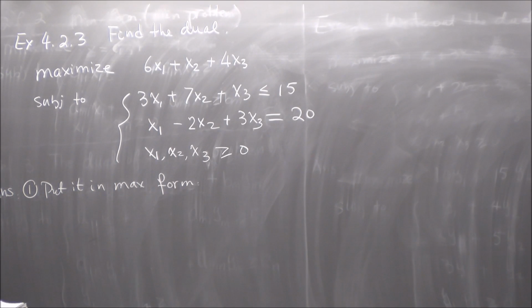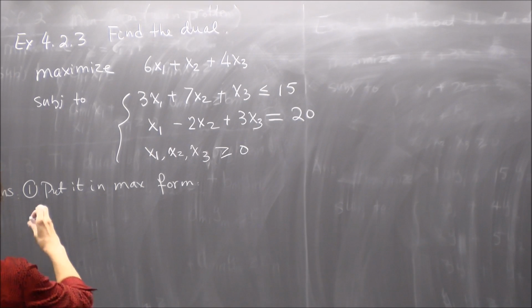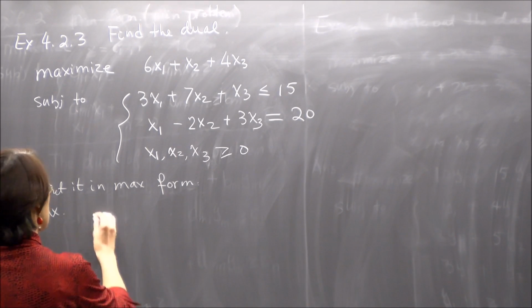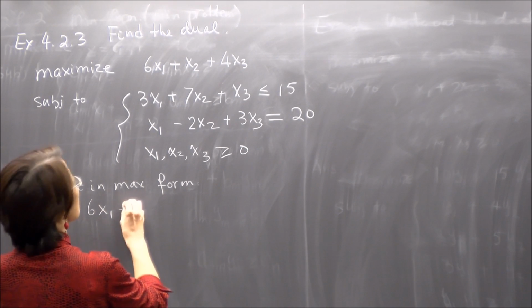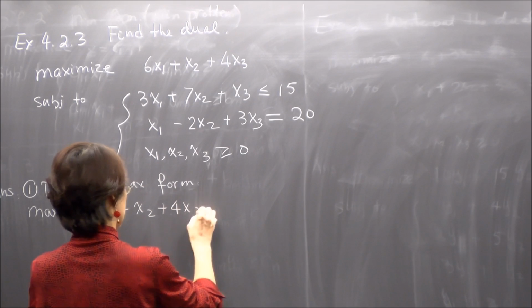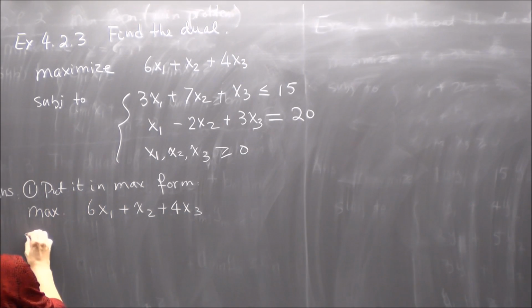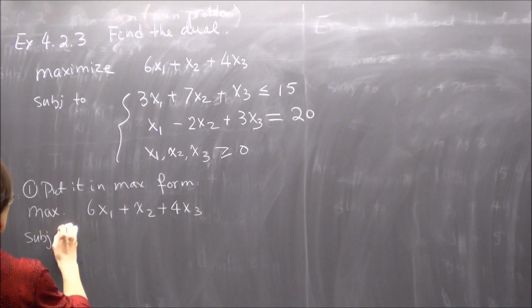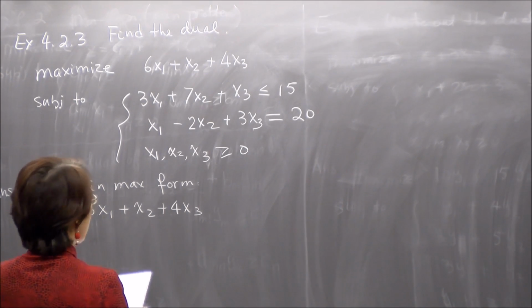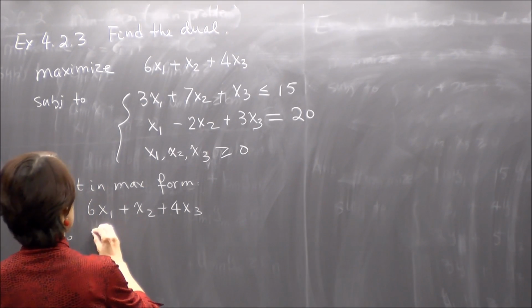Okay, so this takes a lot of repetitive writing, so let's be patient. So maximize, that is not changed. I'll copy it down. Constraint. And the first one is okay, it's already less than, so I copy.